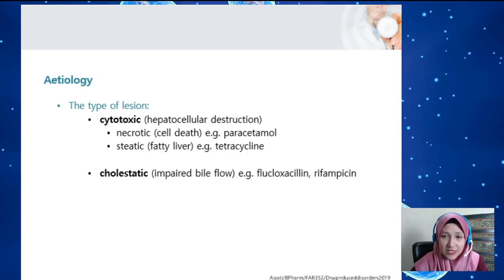And cholestatic is when there is an obstruction to the flow of bile in the liver, so there is an impairment in the bile flow. So different medications show different types of liver injury.